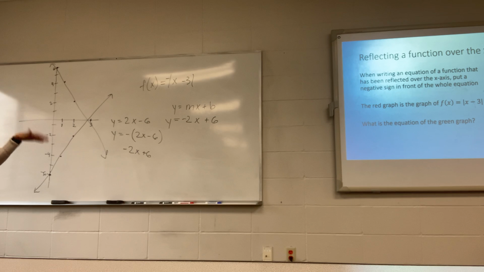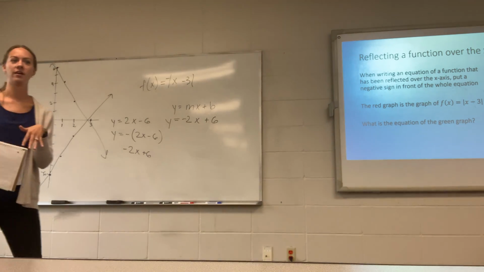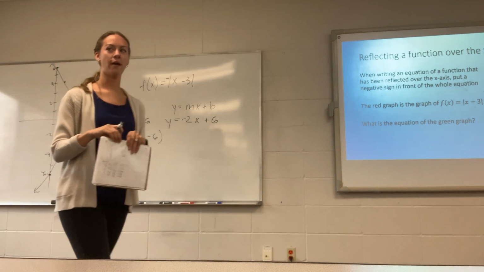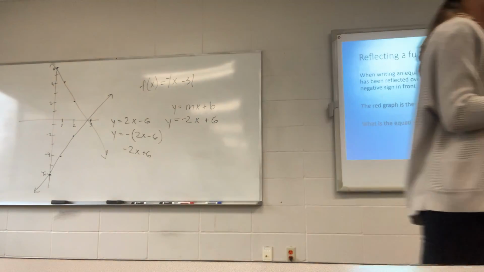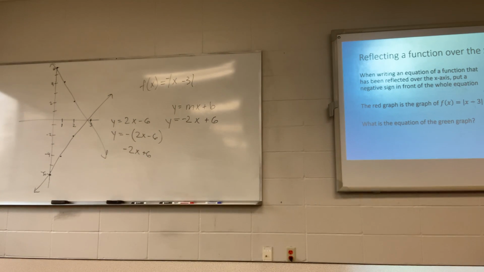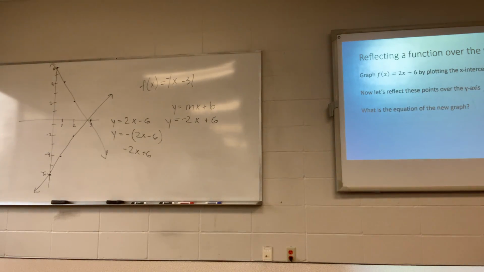So you just throw a negative out front anytime you reflect over the x-axis. How are we feeling, guys? I know this book jumps into it right away and it's kind of tough, but questions from anyone? No. Okay. So let's reflect over the y-axis now.